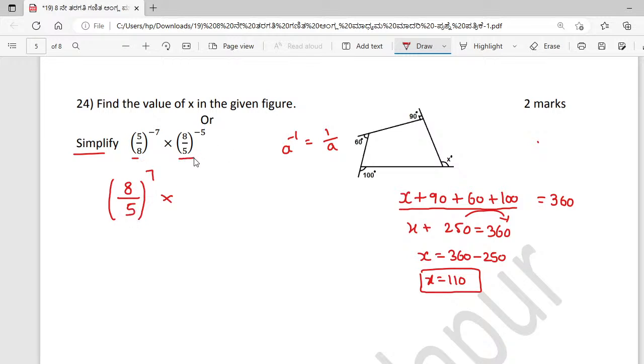And the second term is similar, that is 8 by 5. So we are going to write down 8 by 5, our second term, as it is, so that we can apply a formula, and its power stays as minus 5.